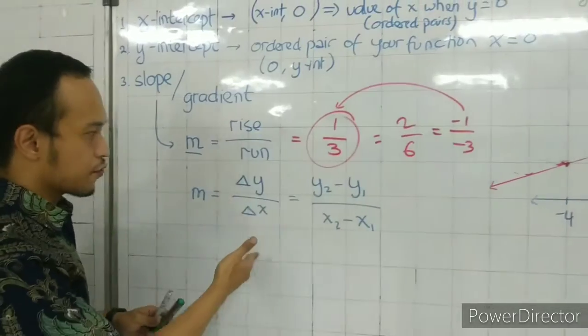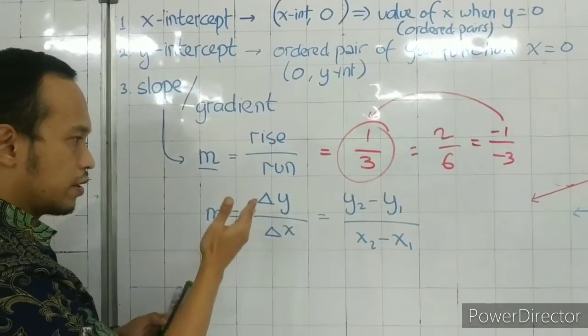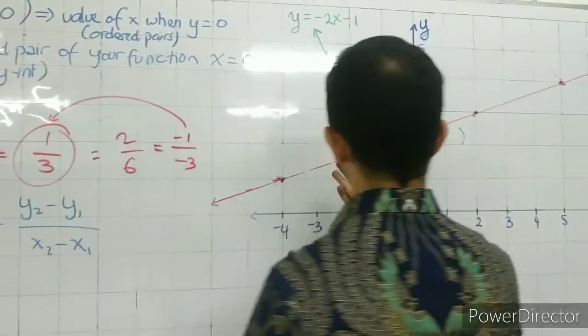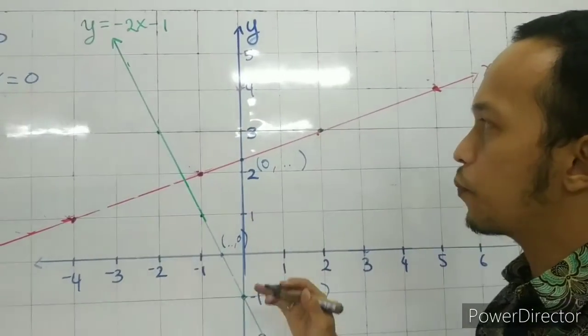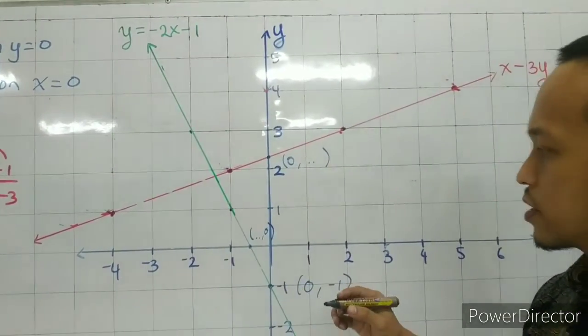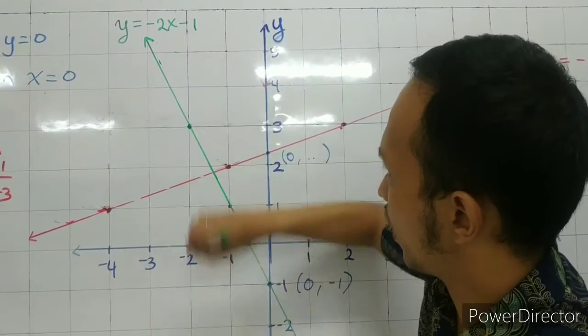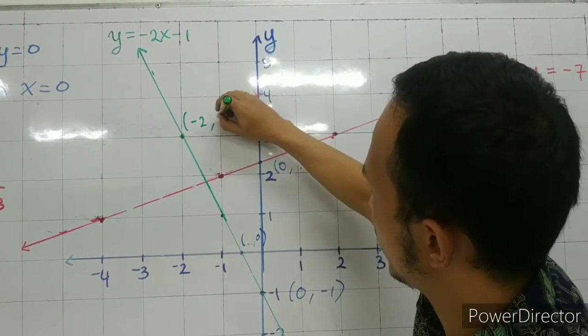Let's use the second formula, delta y over delta x, and I will apply it to the green line. Let's go to this green one. Now, I will pick 2 ordered pairs from here. Let me pick this one. I know that this one is (-2, 3).